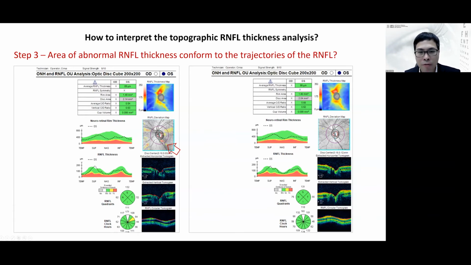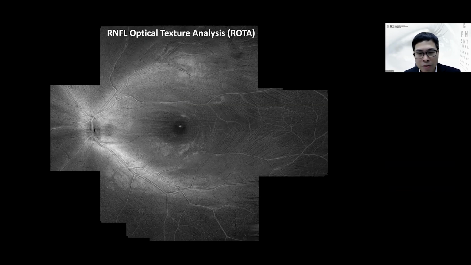We already know this is a false positive, but another hint is that retinal nerve fiber defects, when they develop over the supratemporal and infratemporal sectors, often assume a wedge-shaped configuration, because it is the trajectory of the retinal nerve fiber layer over the supratemporal and infratemporal bundles.